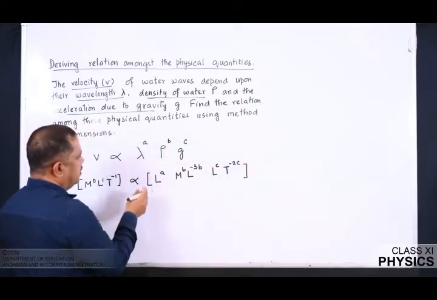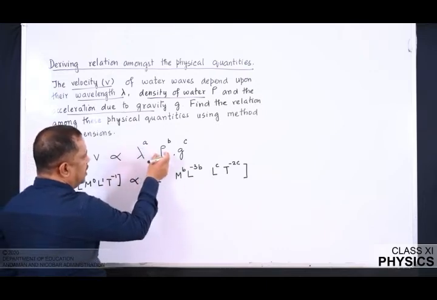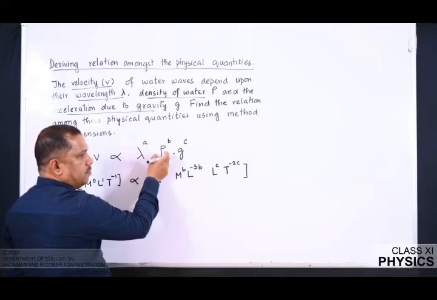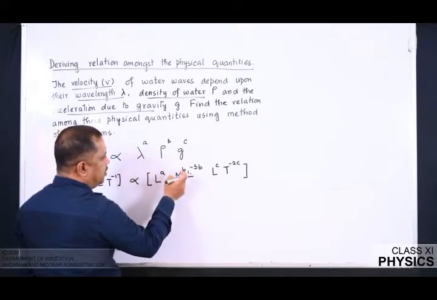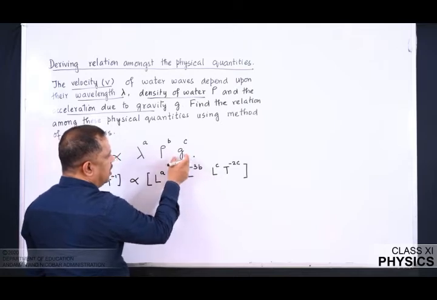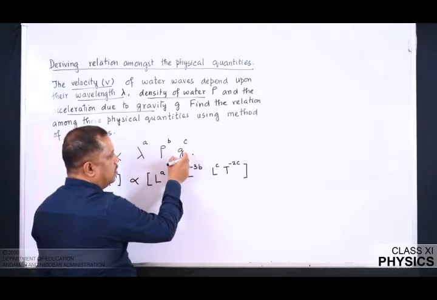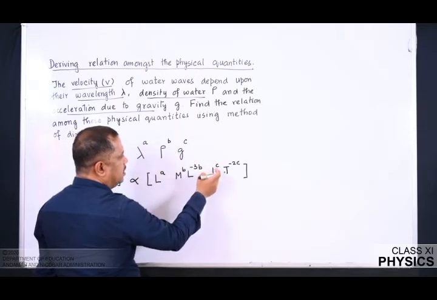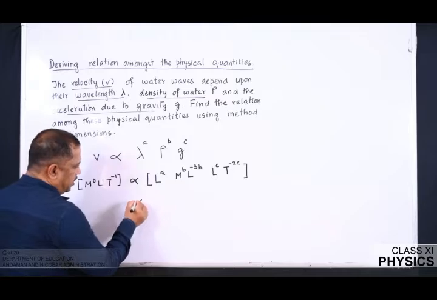So once again: wavelength L power a, mass by volume M L power minus 3 whole power b, so M power b L power minus 3b, and acceleration due to gravity L T power minus 2 whole power c, so L power c T power minus 2c.